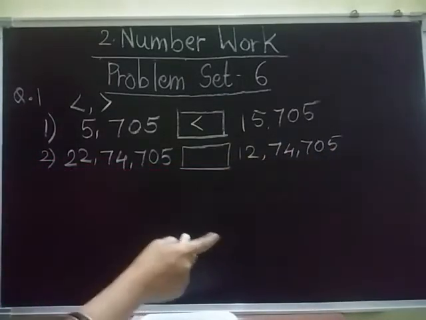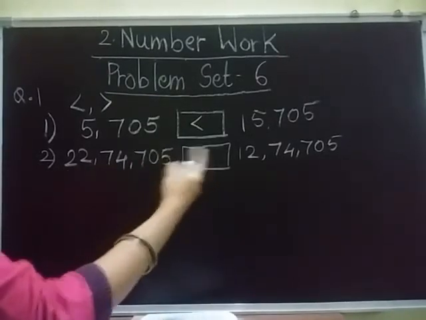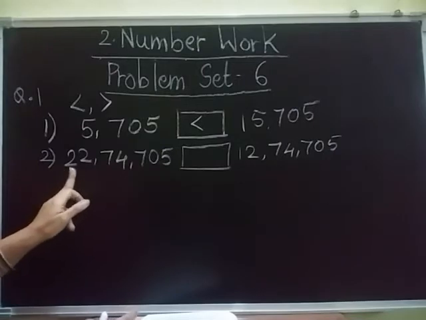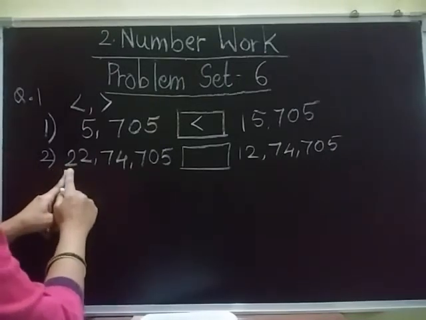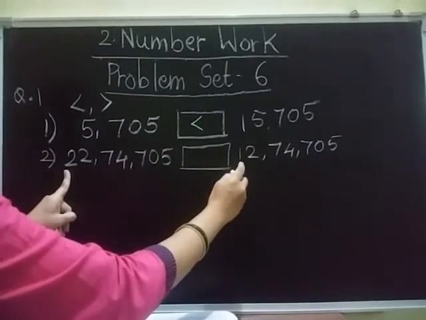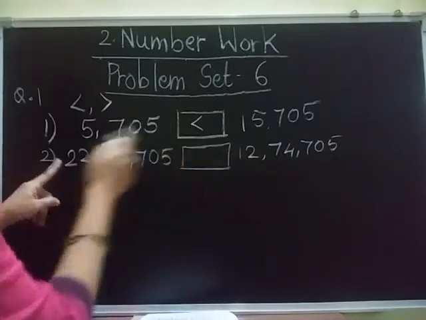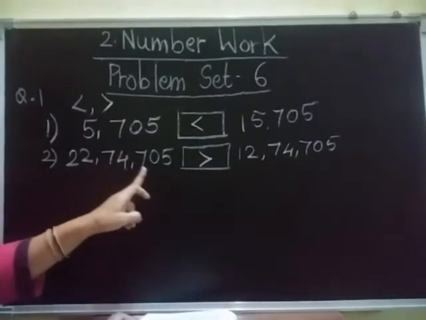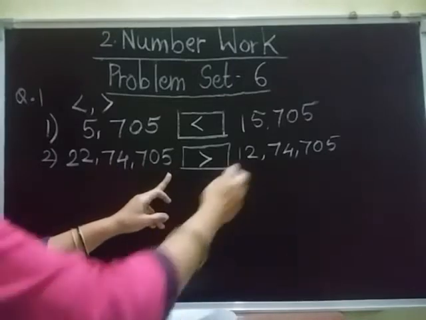So now here both the numbers are having same digits. Okay, so let's start from the first digit. Here the first digit is 2, but here the first digit is 1. So which one is greater? 2 is greater. That's why 22,74,705 is greater than 12,74,705.